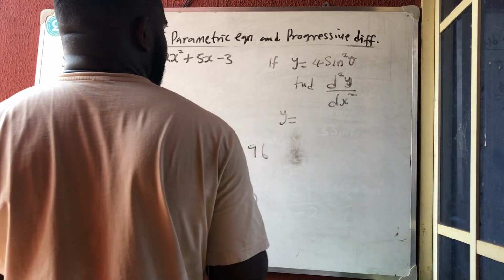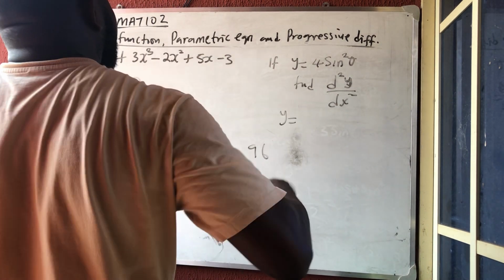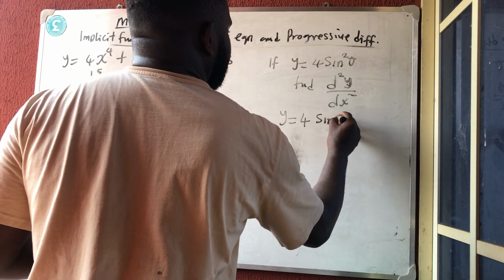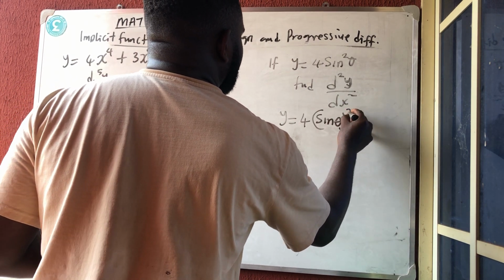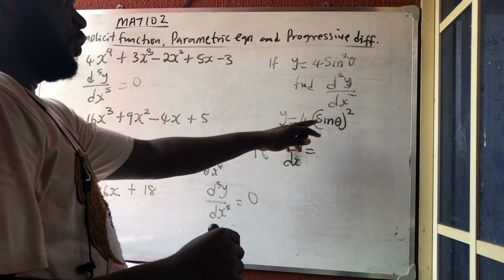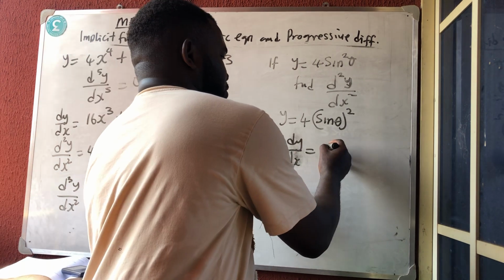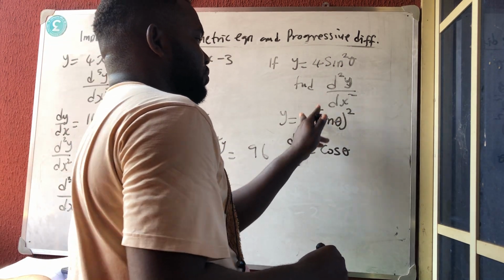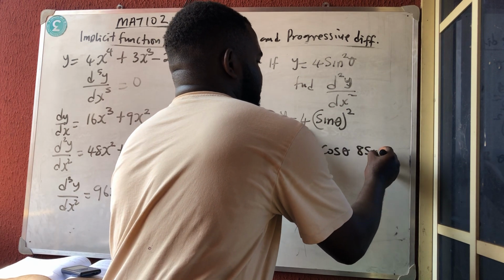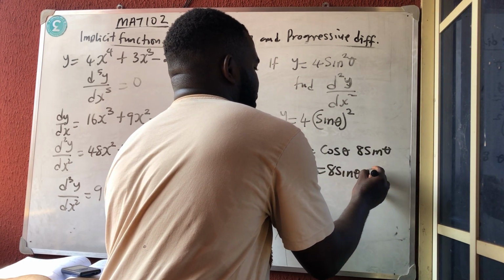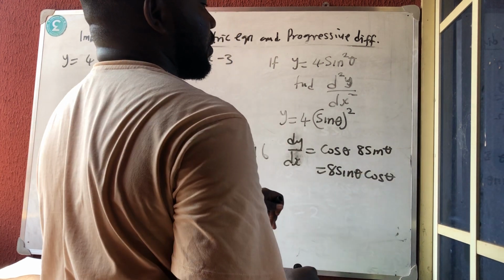Y is equal to what? 4 sine theta all squared. So dy dx is equal to, differentiate the bracket first, which is what? Cos theta. Differentiate everything is what? 8 sine theta, which is what? 8 sine theta cos theta. This one is the first one.